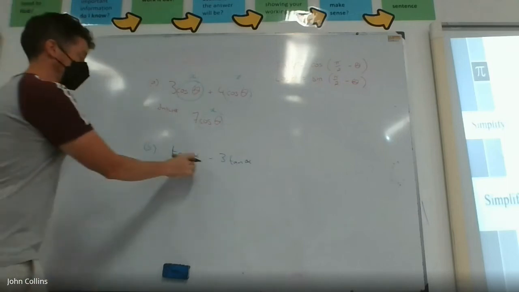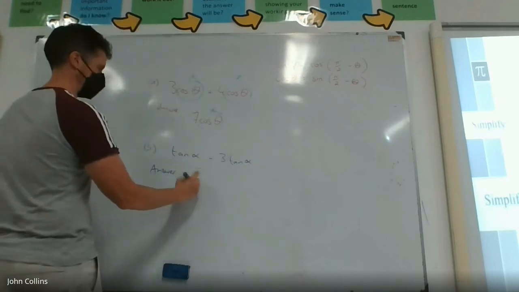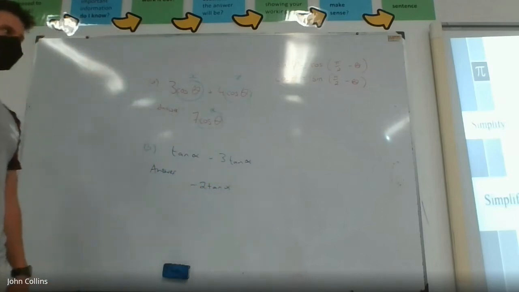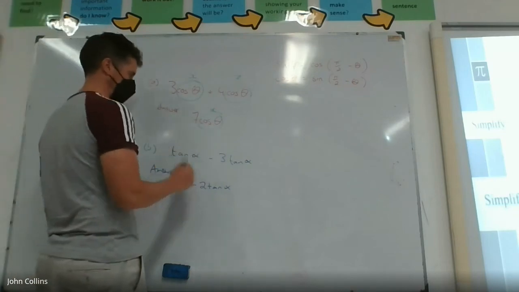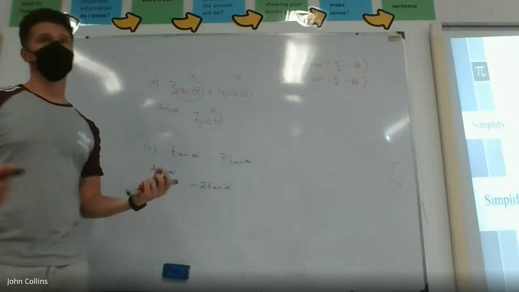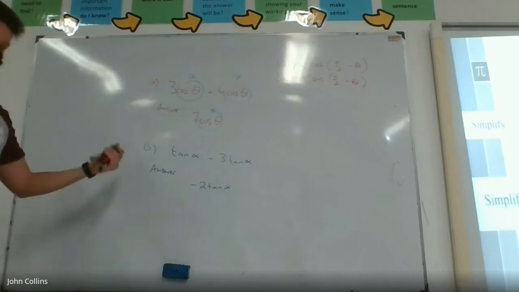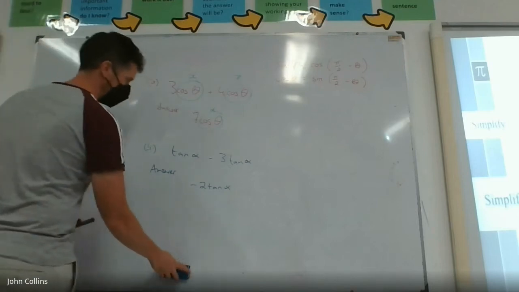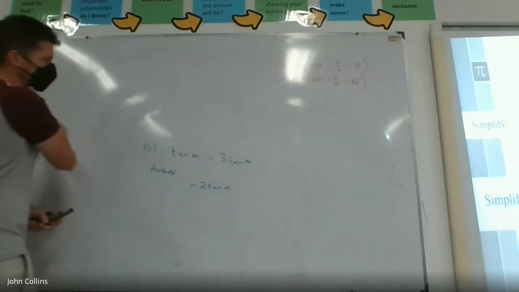Is tan alpha take away 3 tan alpha, is it okay to write the answer minus 2 tan alpha? Yes. Nothing would state that these two, if it's the same angle, which it is, could ever be two different values. So therefore they can be combined like in algebra as if they were x's. Okay. That's the first 2 done. Good. So easy so far.